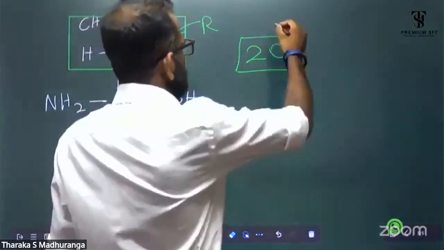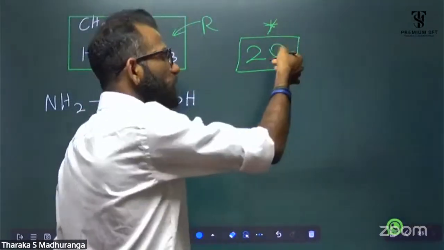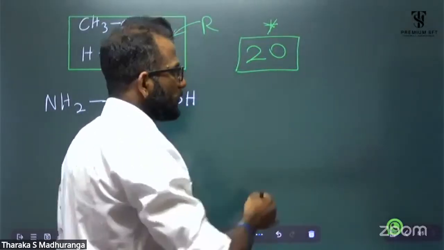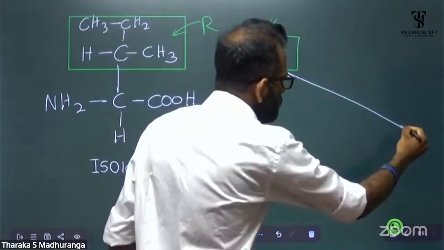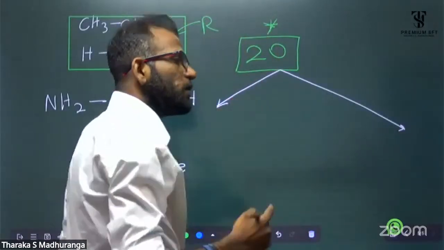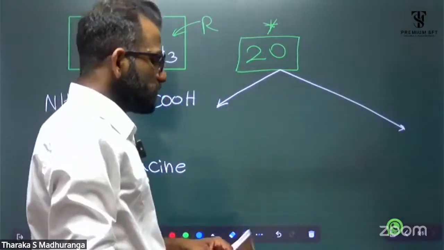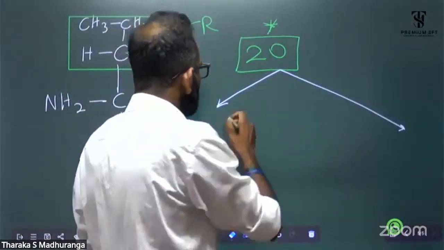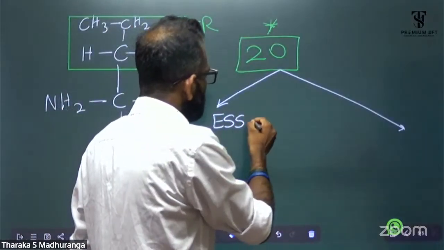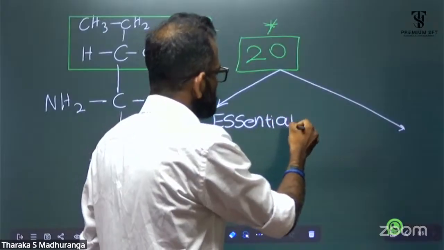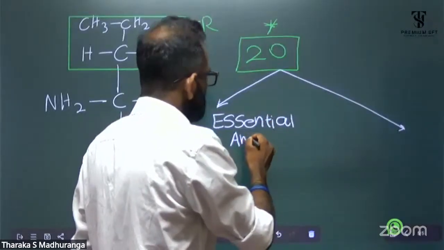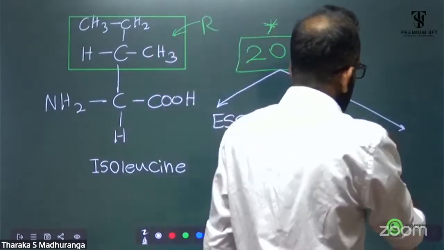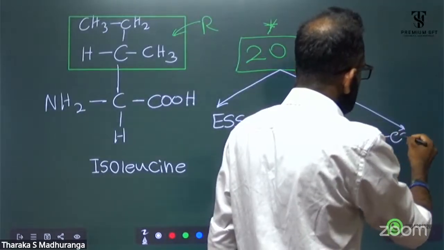Okay, these 20 amino acids we can classify into two main categories. The first one is essential amino acid, and the second is non-essential amino acid.